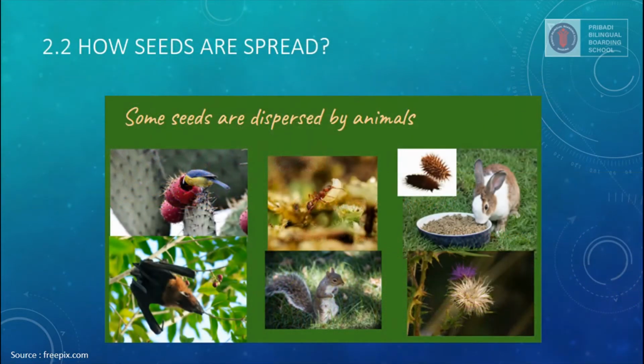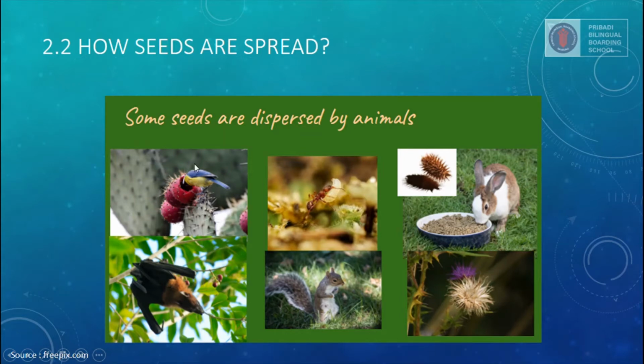How can the seeds be spread or dispersed? Usually the seeds are dispersed by animals. Some animals eat the fruit and the seeds go inside their bodies and will come out in their droppings.